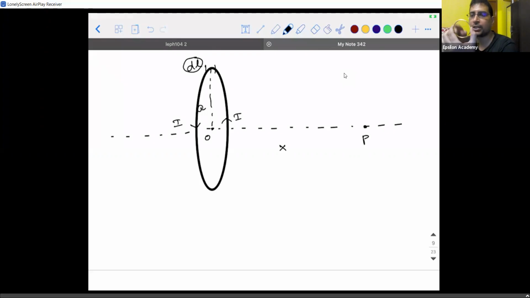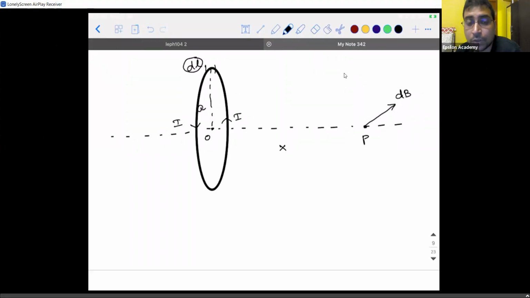If the current is going in this direction, then at the topmost point the current is going to be in this direction. If I take a small conductor, it is in this direction. So if I place my thumb like this and curl my fingers, I can understand that at point P, the direction of magnetic field is going to be in this direction, that is dB.